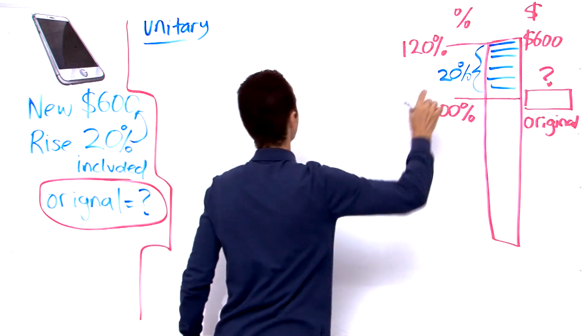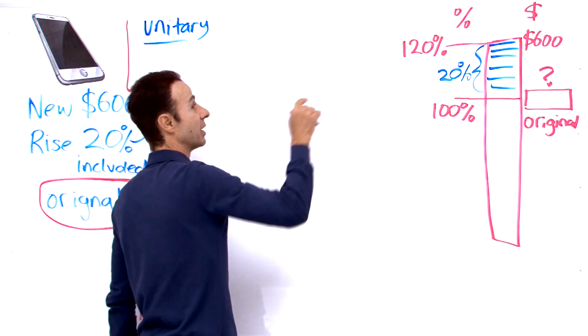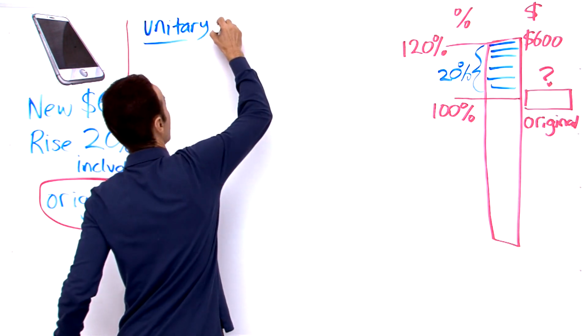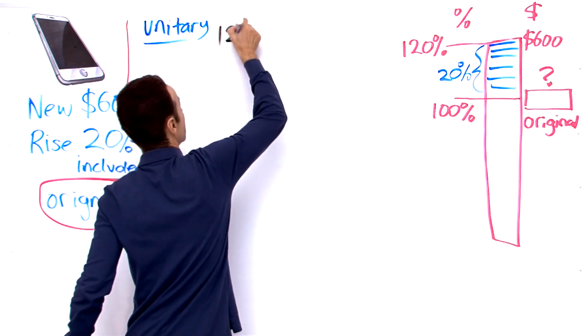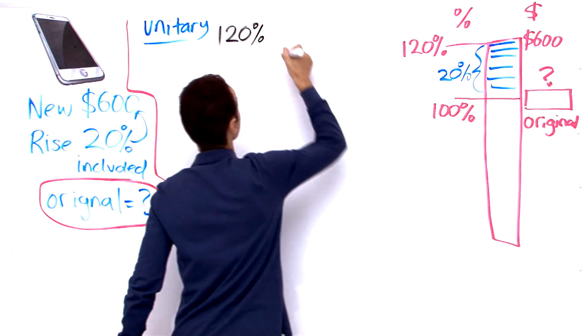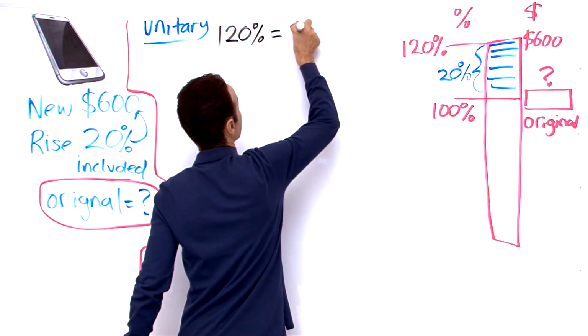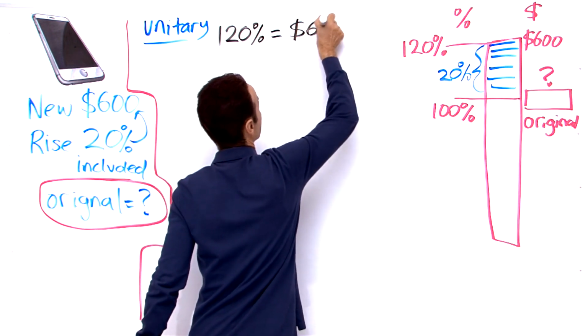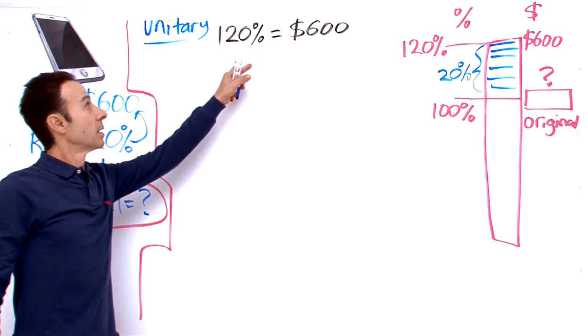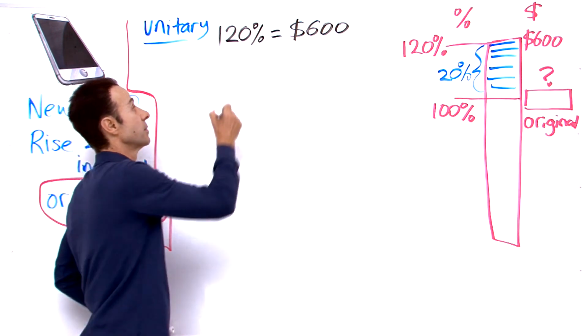Well, we know that the price is $600 at 120%. So that means 120% right there is equivalent to $600.